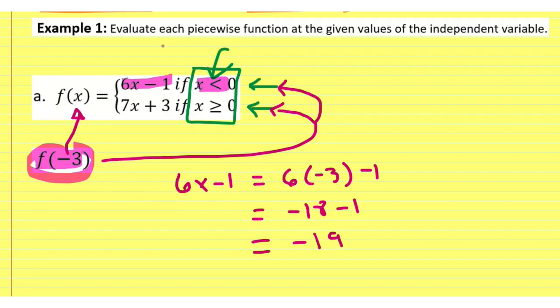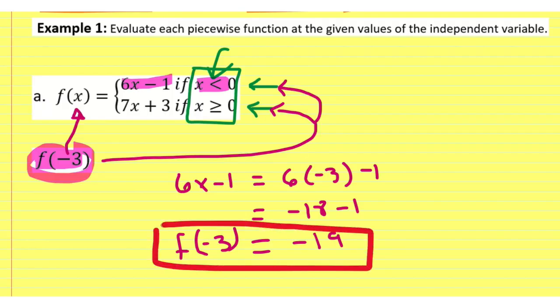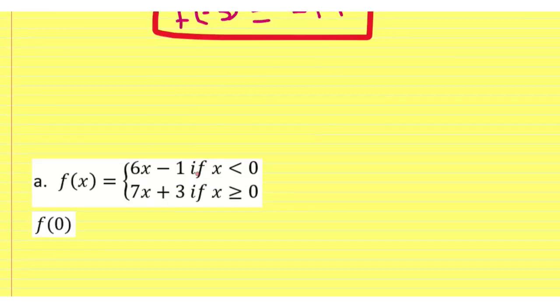So the piece of the function evaluated for -3 is equal to -19. So we would write this down here. The function when x is equal to -3 is equal to -19.